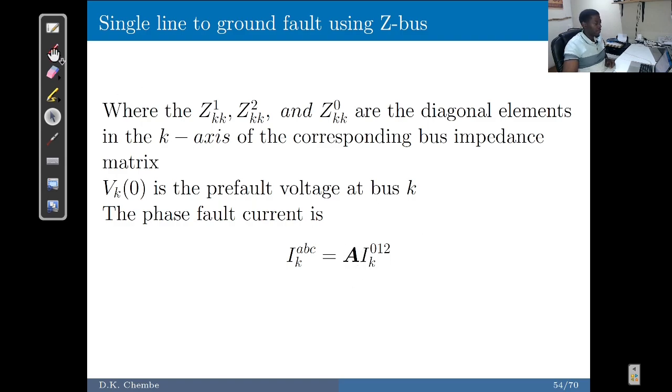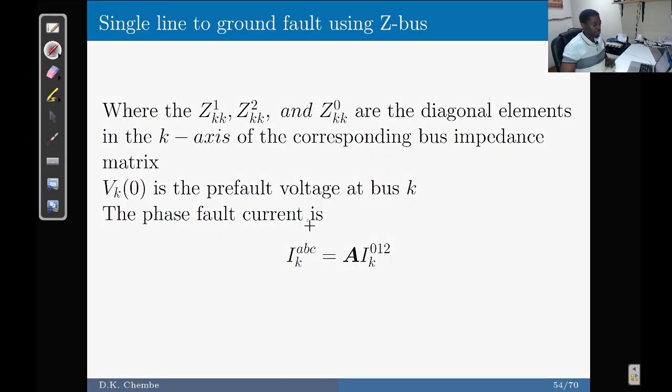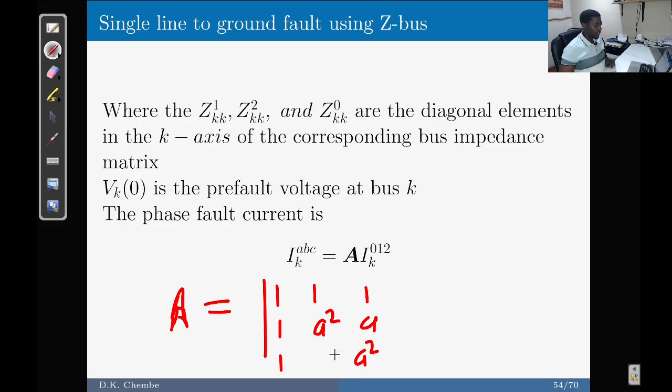So we know from our sequence components that our A is equal to 1, 1, 1, 1, 1. You've got A squared, A. So this is a matrix where we know our A is equal to 1 at angle 120 degrees.